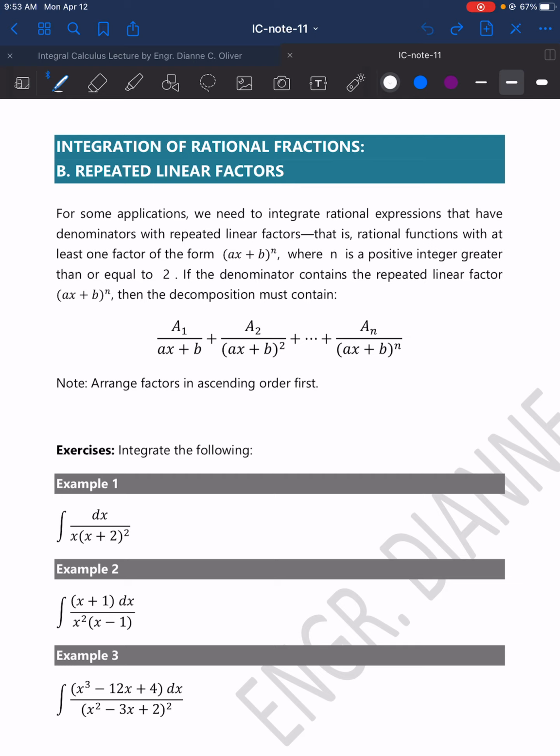That is, rational functions with at least one factor of the form ax plus b raised to n, where n is a positive integer greater than or equal to 2.